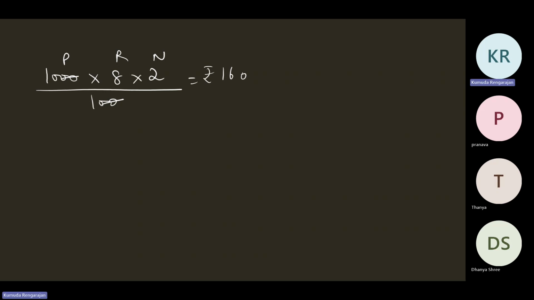Okay, next one. Just tell me the name of the chapter, children. I forgot. Rational numbers.